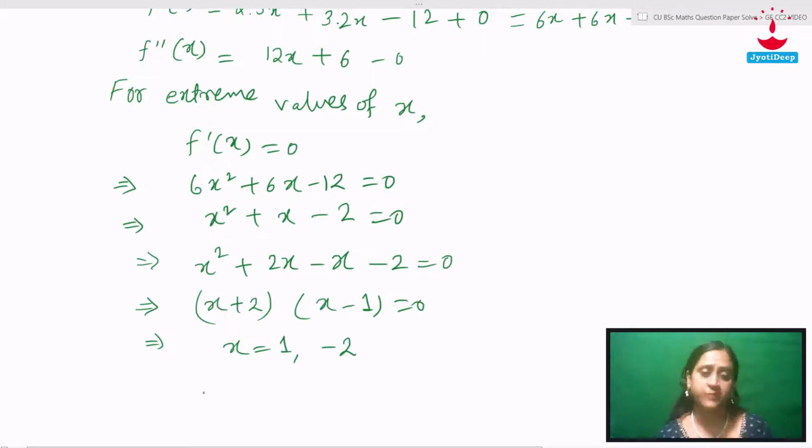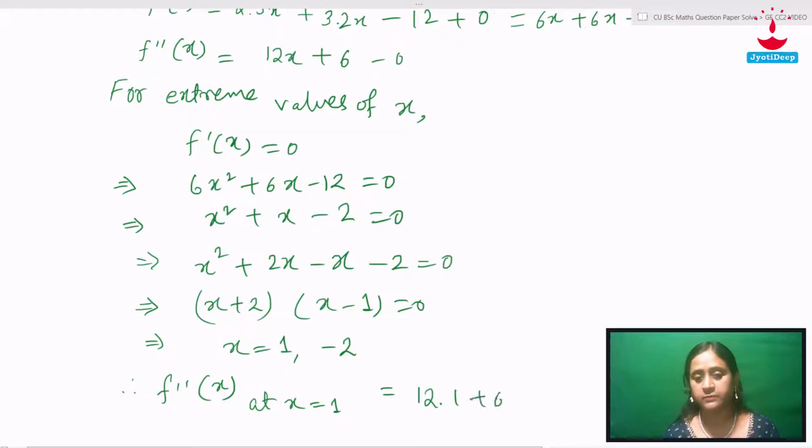Okay, so f double dash x at x is equals to 1, কি হবে দেখো, পুট করে দাও, x এর জায়গায় 1 বসাবো in f double dash x. So it will become 12 into 1 plus 6.